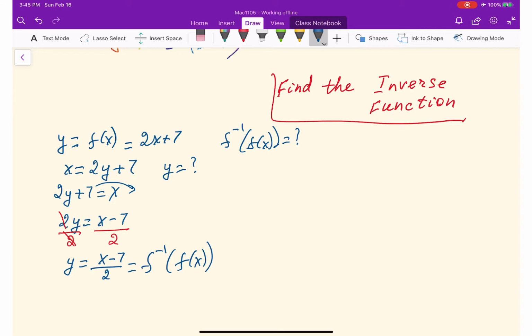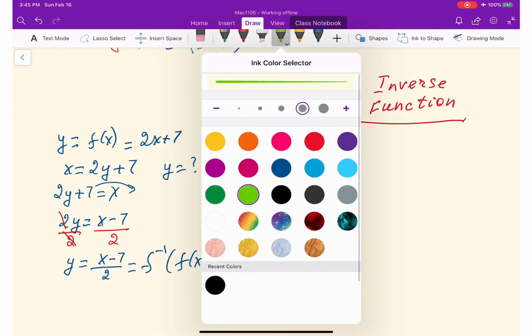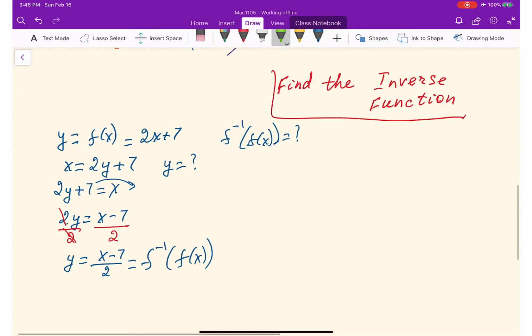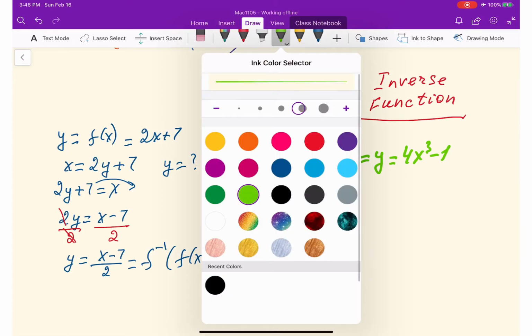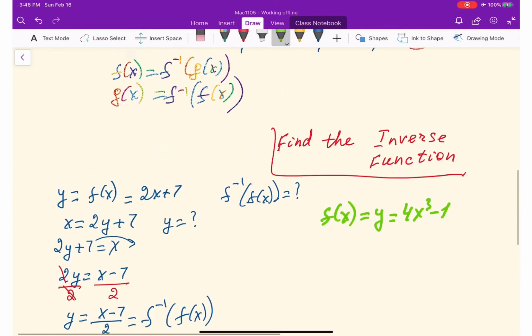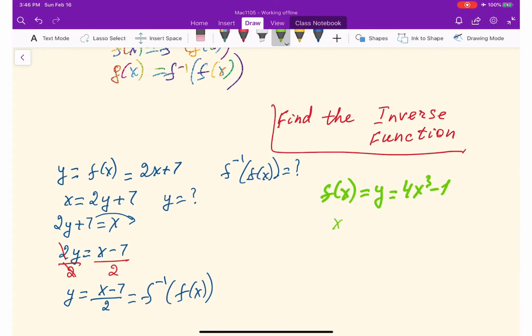Next example. f of x, which is the same thing as y, equals 4x cubed minus 1. So replacing again, x is equal to 4y cubed minus 1. So we need to find y from here.